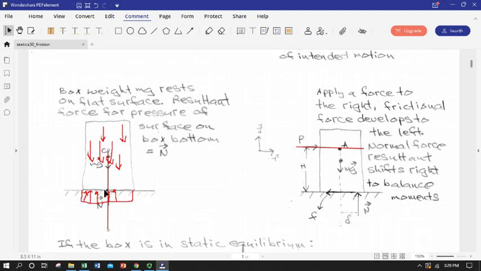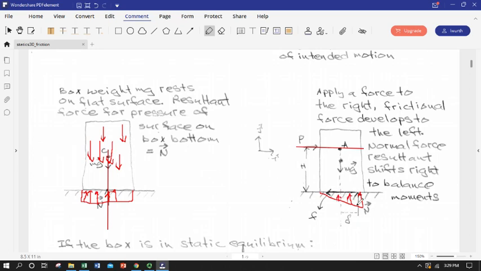It was pushing up with the same strength all the way across the box. What we're going to find in reality when we come over here is the normal force distribution actually is non-uniform, and so it'll have something like this.